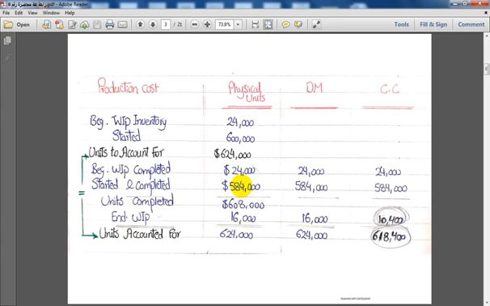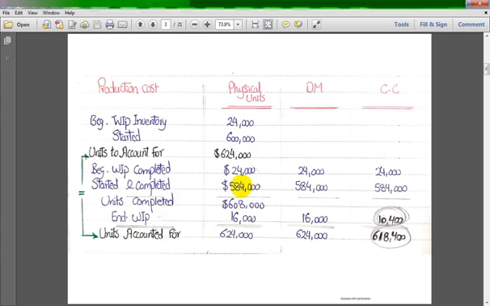Direct material, direct labor and overhead in beginning work in process plus current period cost equals total cost to account for.